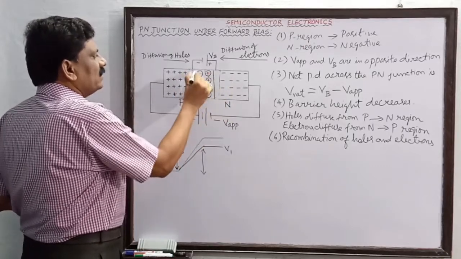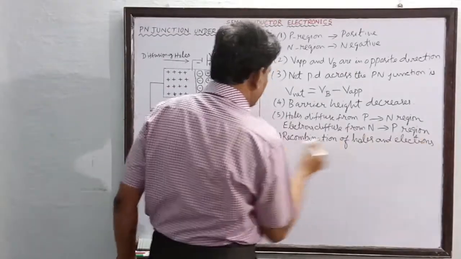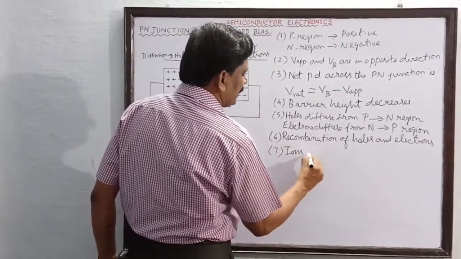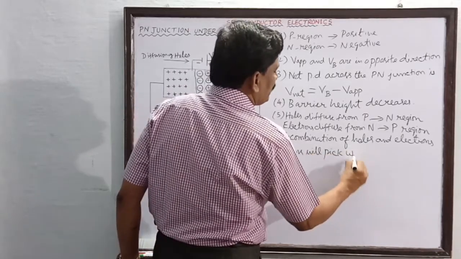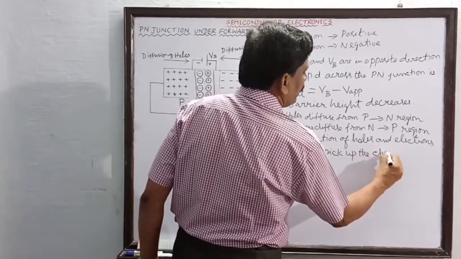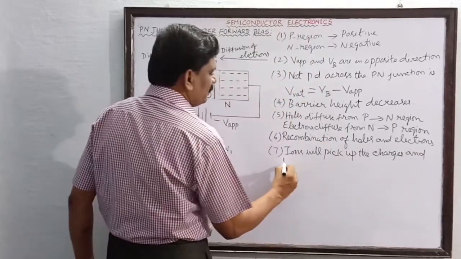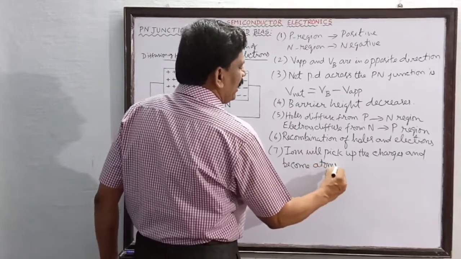Okay, students, so this is what is happening. Due to recombination of holes and electrons, the ions will pick up the free charge carriers and become neutral atoms.